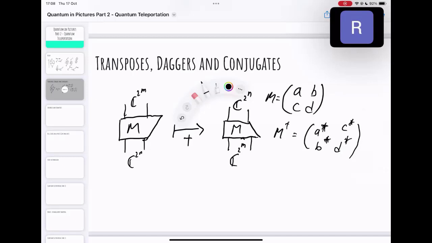On the other hand, if I just took the complex conjugate, then I'll get something more like this. So I'm actually now doing a horizontal reflection along the vertical axis.